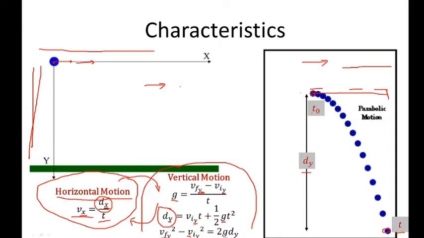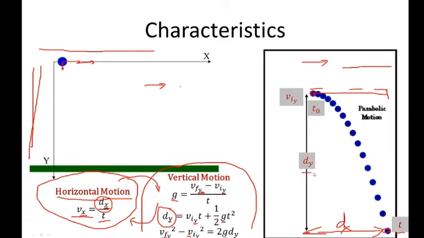That is from the starting point, which is a certain number of meters above the ground, to the ground. So that is dy, which is different from dx. dx is there, and dy is here.